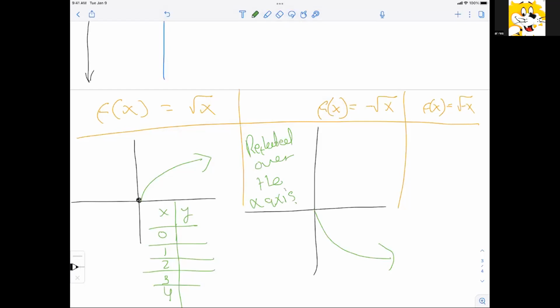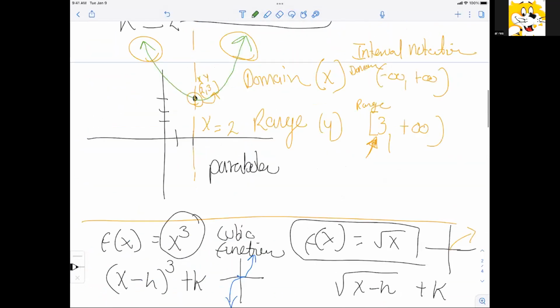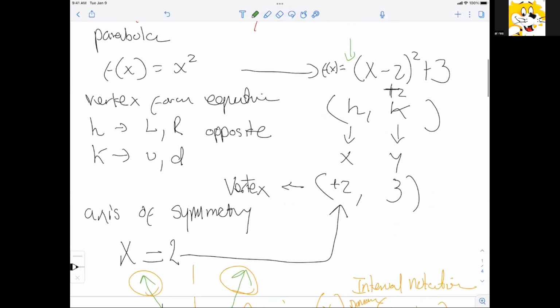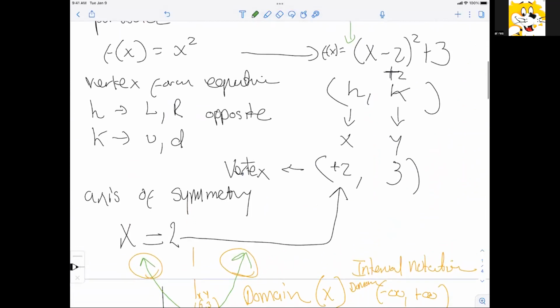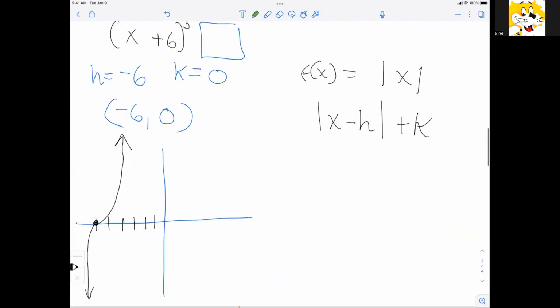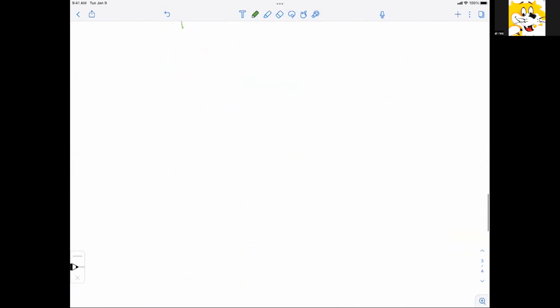Just like in the parabola. In the parabola, when we had a negative in front of the parabola, it flipped over, right? In this parabola up here, if I had x minus 2 squared plus 3, but there's a negative here, then this parabola is going to go to the right 2 units, up 3 units right here.